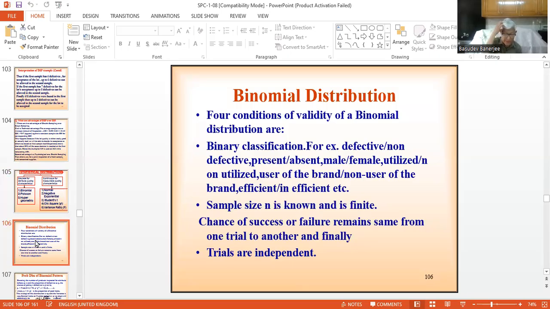Second is sample size n is known and finite. How many items you are inspecting, what is the sample size. Third is chance of success or failure, that is p, remains constant from one trial to another.